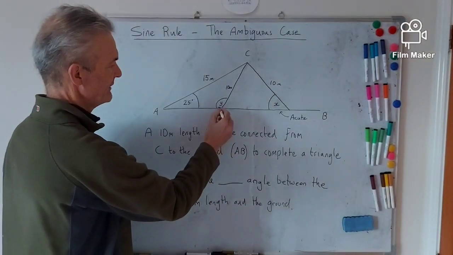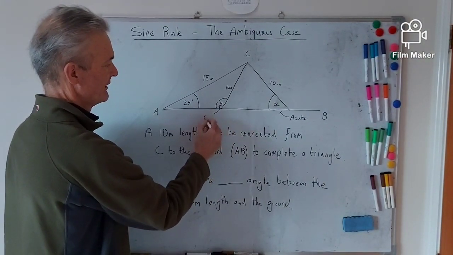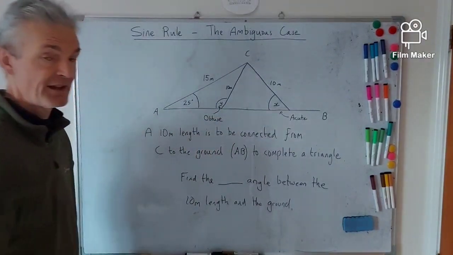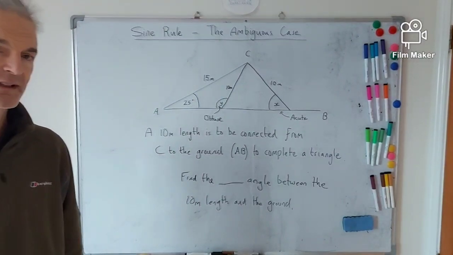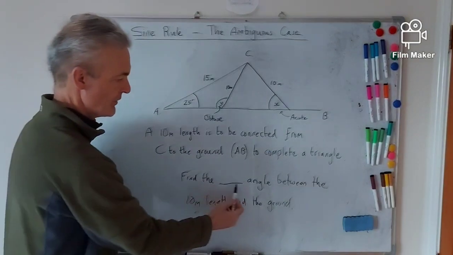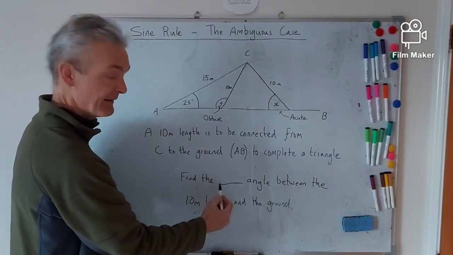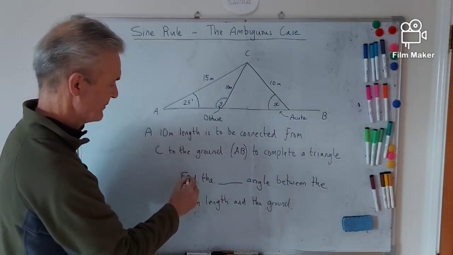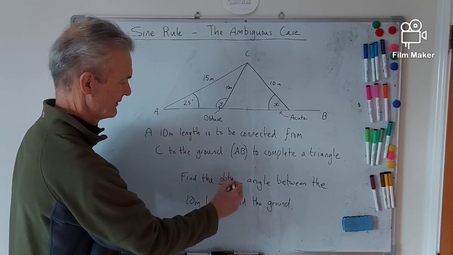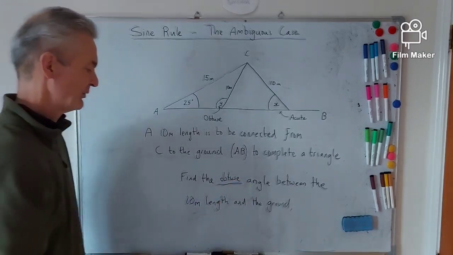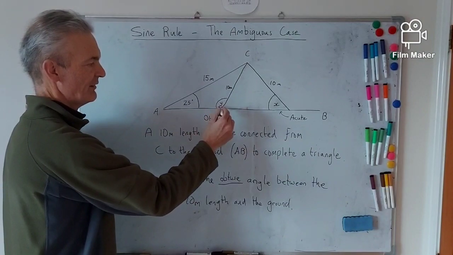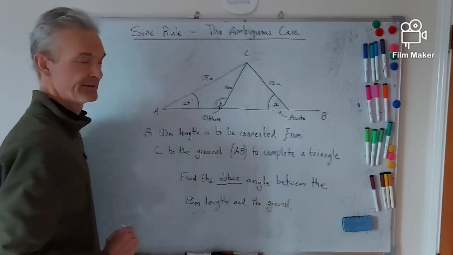And this angle Y is an obtuse angle, an angle that's greater than 90 degrees and less than 180. So the question would probably ask you to find the obtuse angle between the 10-metre length and the ground. So they're asking you to find angle Y.